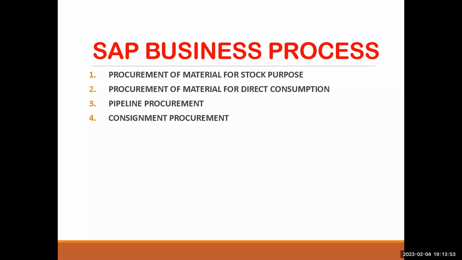So next one is the consignment process. What is a consignment process? Basically, in some cases, let's take an example of shipbuilding. In shipbuilding you don't have to go to each and every place to collect your material, nor will the vendor send your material as per your requirement.